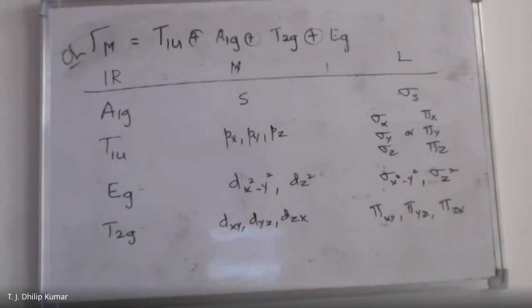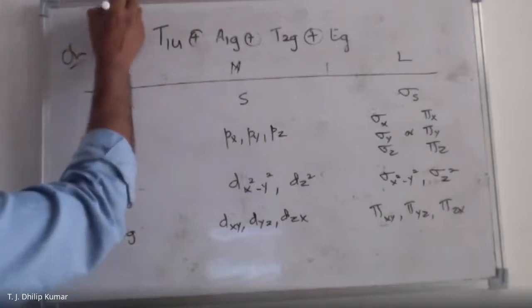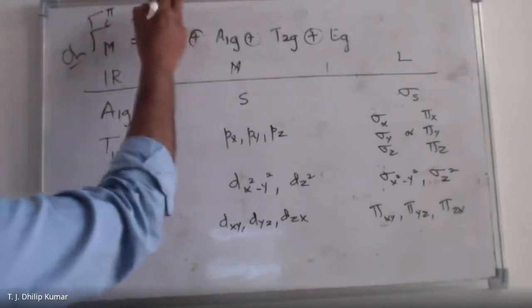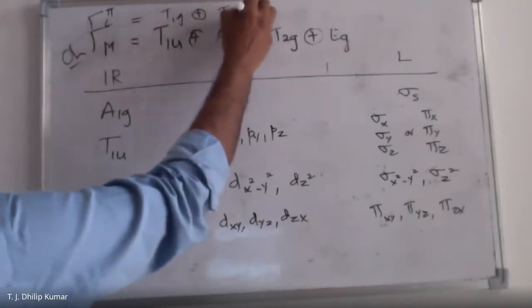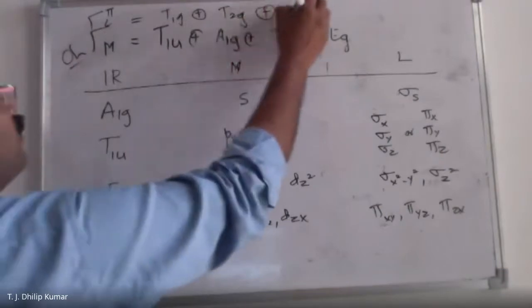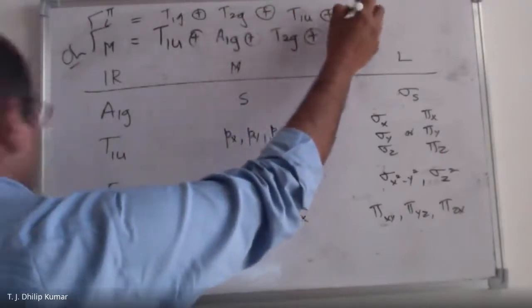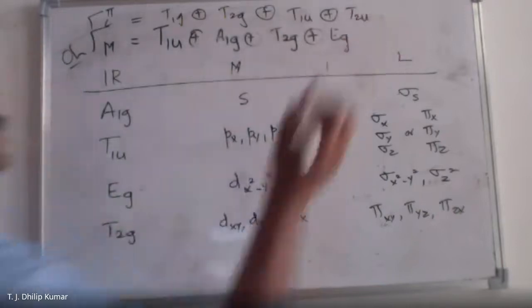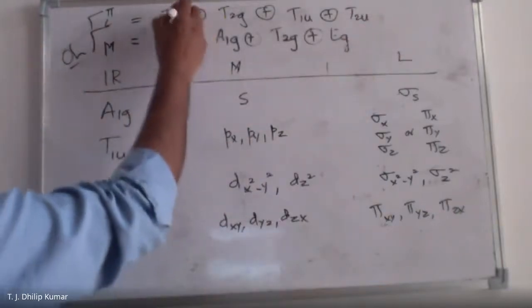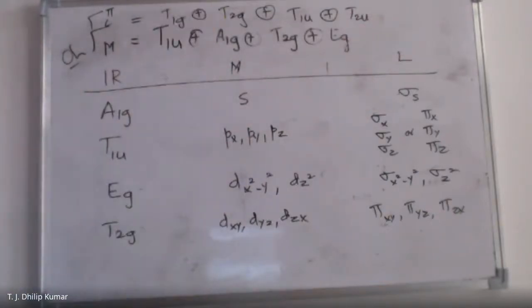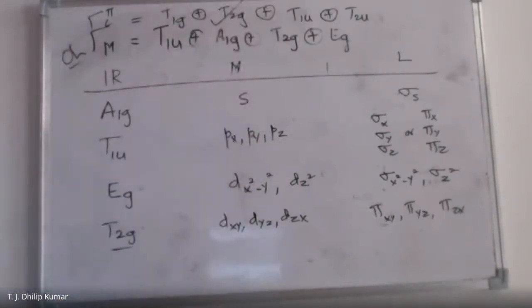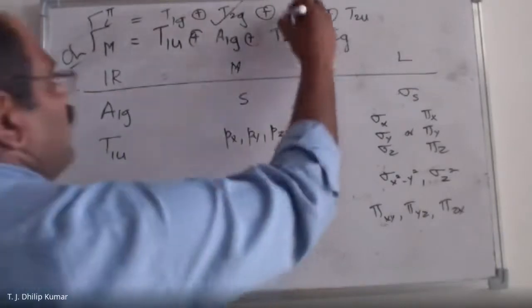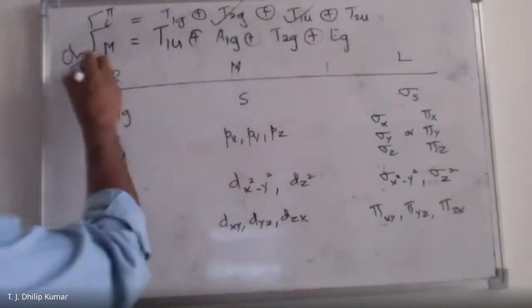If you see in the metal and in the ligand pi orbitals, I wrote T1g plus T2g plus T1u plus T2u. After all this exercise, this T2g is taken care of, T1u is also taken care of, as there is an overlap between the metal and ligand.